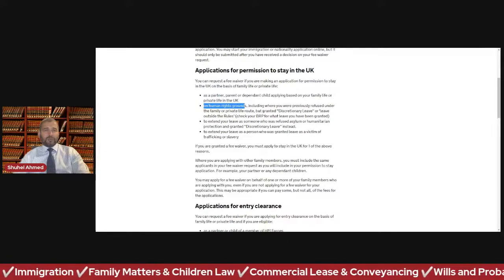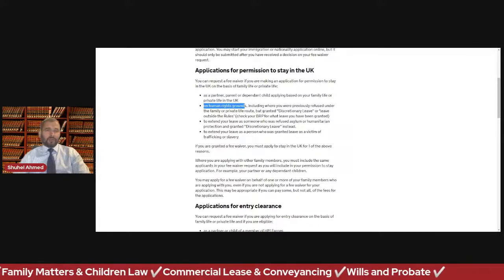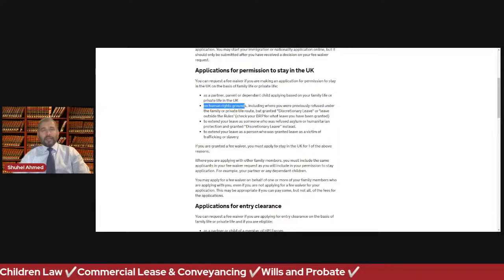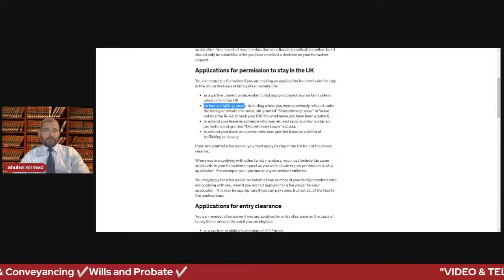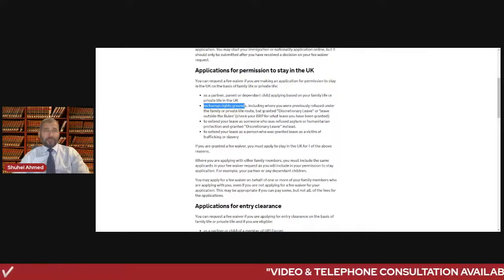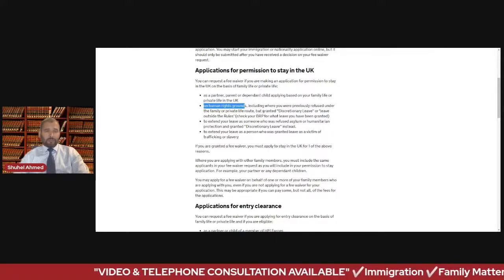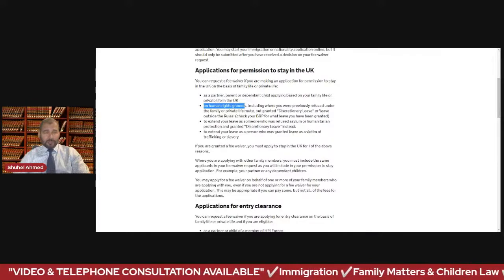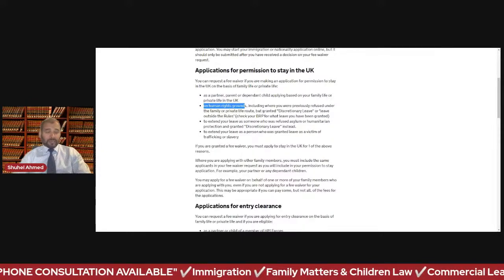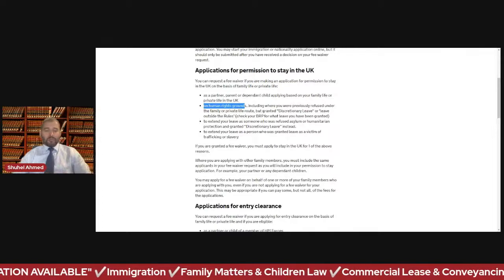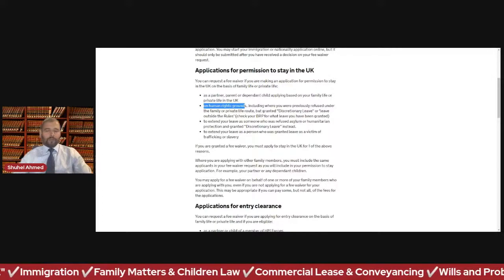So those caseworkers in the human rights department, who make decisions on the basis of human rights, there is a good chance, because that success rate is higher.